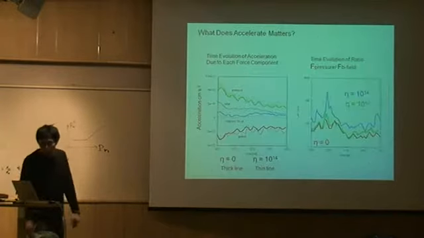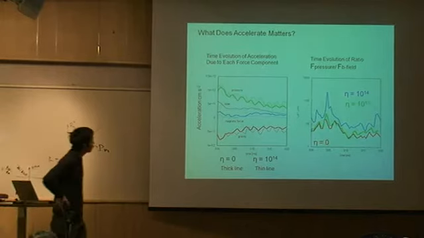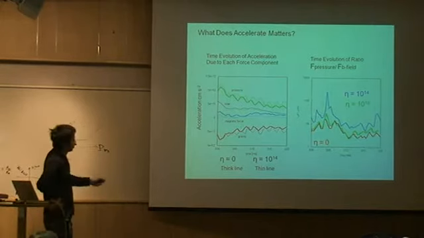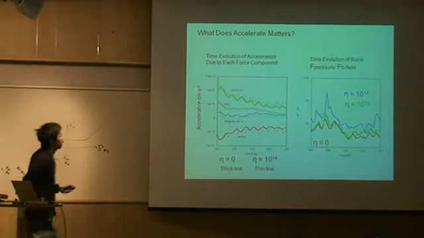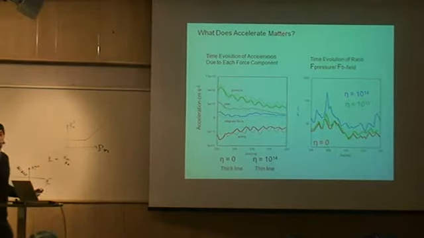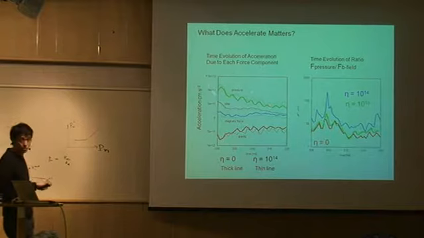And finally, let's see what accelerates the matter. The left figure shows the time evolution of acceleration due to each force component. So you can see that in both the ideal and the most resistive model, the dominant driving force is pressure.